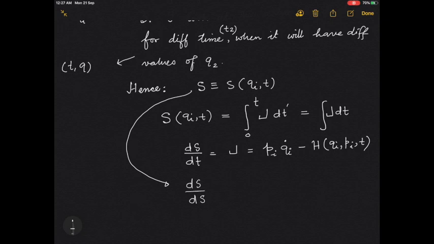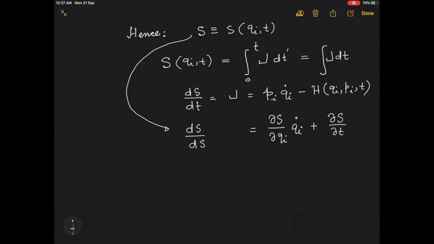But S is also given by this, so I can write the total time derivative of S in terms of the time derivatives of its constituents: dS/dt equals del S del qi times qi dot plus del S del t. That is just the chain rule of partial derivatives, and we can now identify two things.